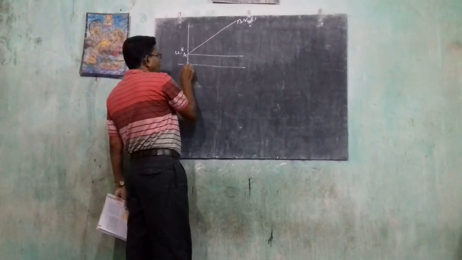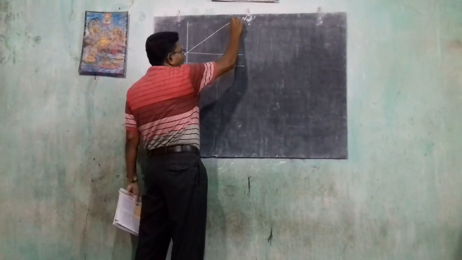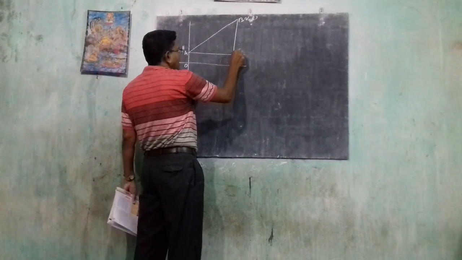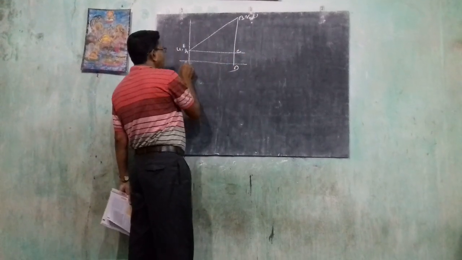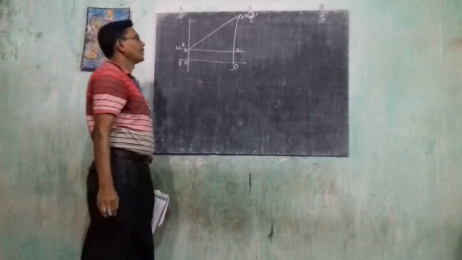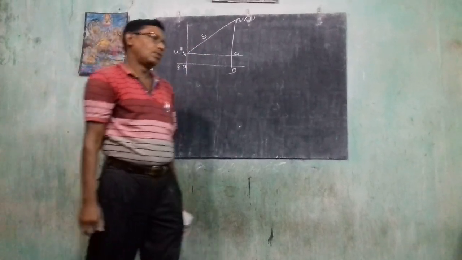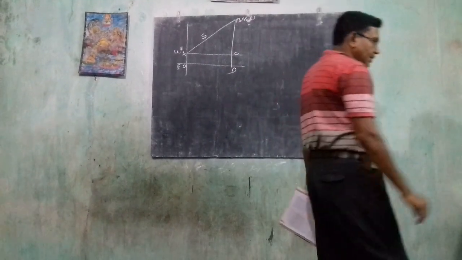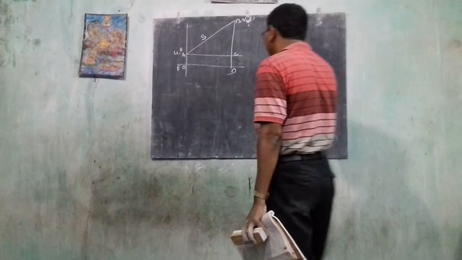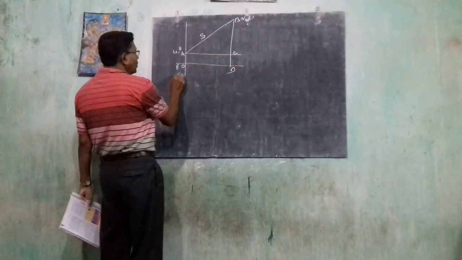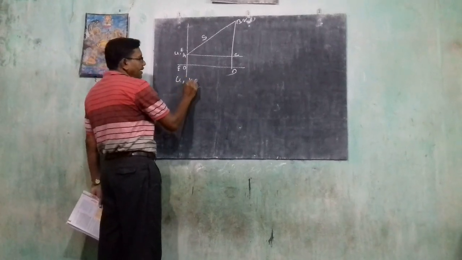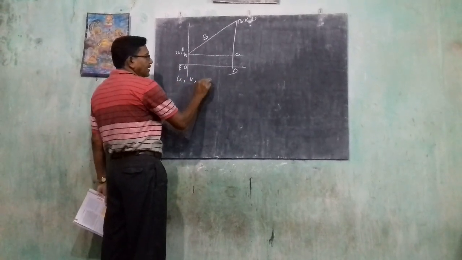Now we draw here the origin. Now here we draw a vertical line, C, D, suppose E, and the distance covered is S. Now in this case, u is the initial velocity, v is the final velocity, t is the time.